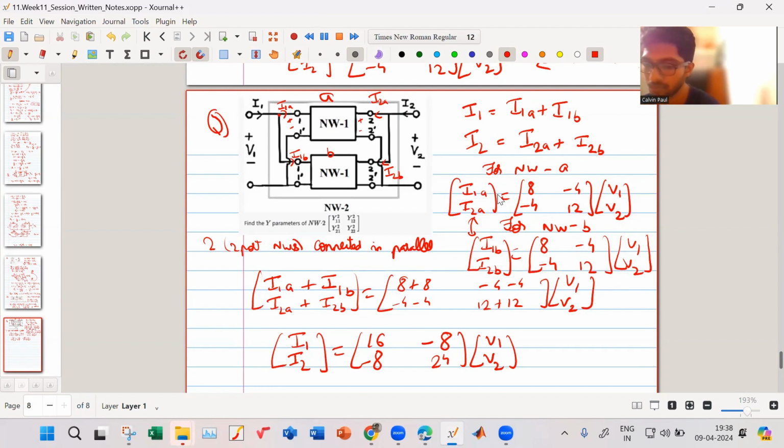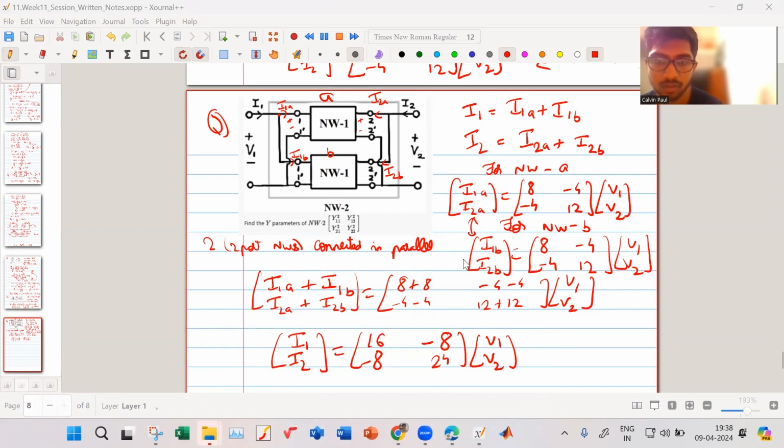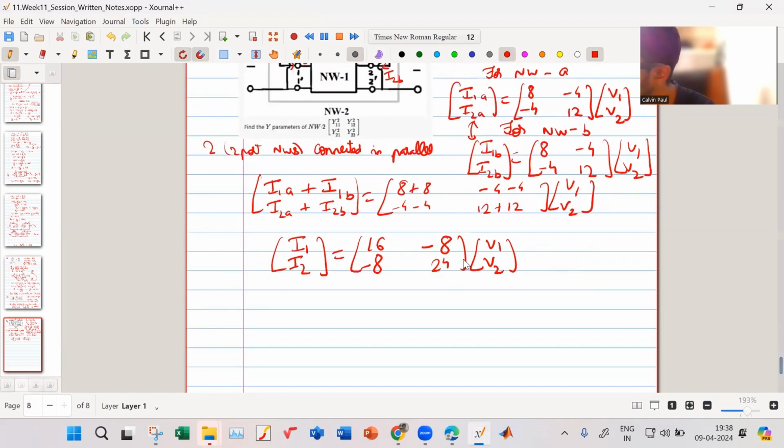We may need to multiply. Yes. If the Z parameters are in series, then we can add. So for series connection, the Z parameters of the two networks you add.